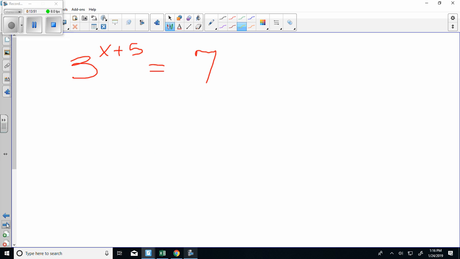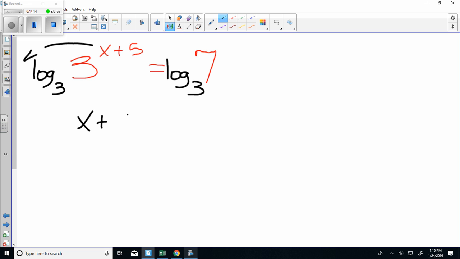So here's another one. 3 to the x plus 5 equals 7. So in this case, we have to get rid of the base of 3, so we're going to log base 3 this side and log base 3 this side. On the left-hand side, the log base 3 of 3 is just 1, and remember that becomes the multiplier of 1 times x plus 5 is just x plus 5, and then you have log base 3 of 7, and if you have a newer calculator that you can type that in, you do so.